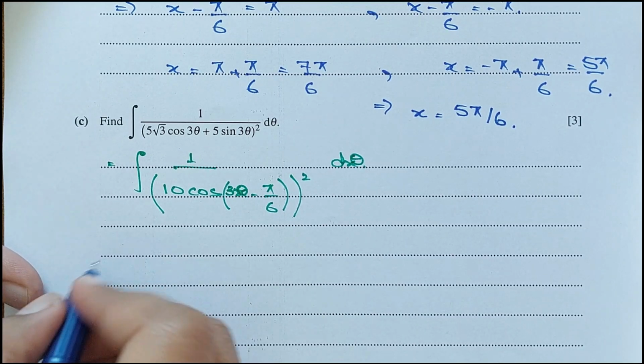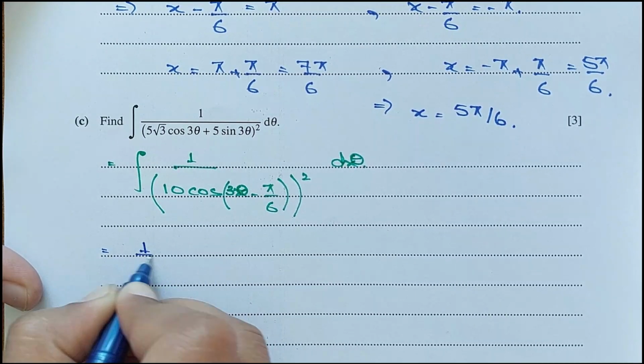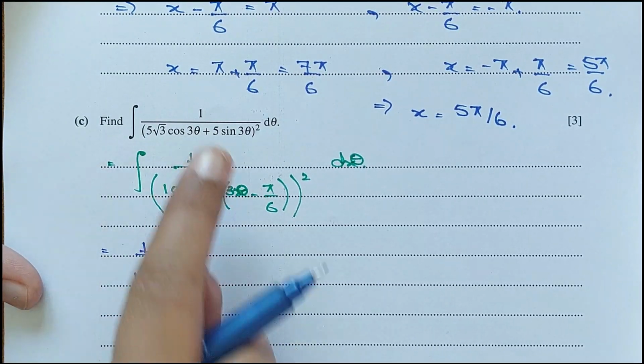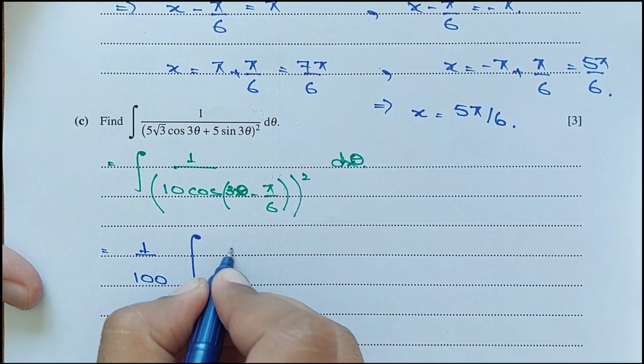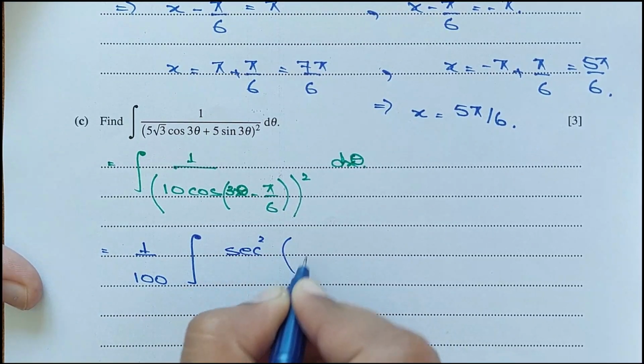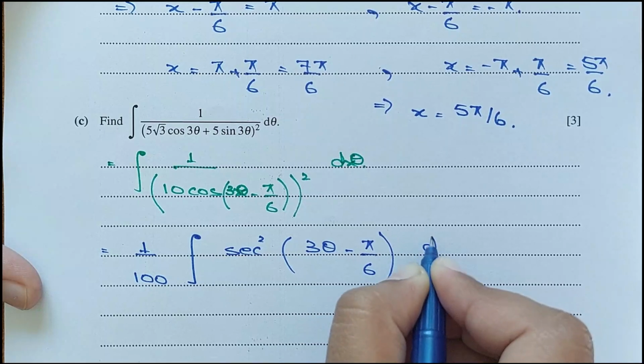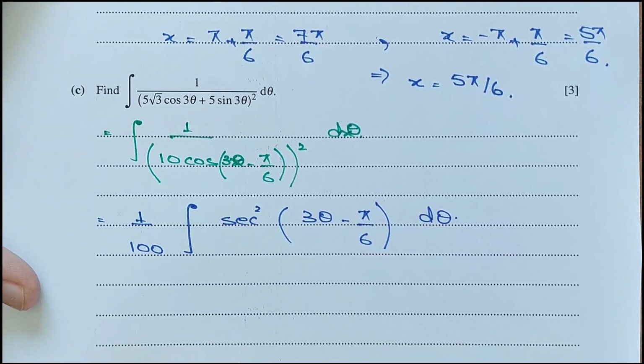Now let me simplify this further. We have 1 over 100, and 1 over cos squared is secant squared, so secant squared of (3 theta minus pi by 6) d theta. The integration of secant squared is tangent.